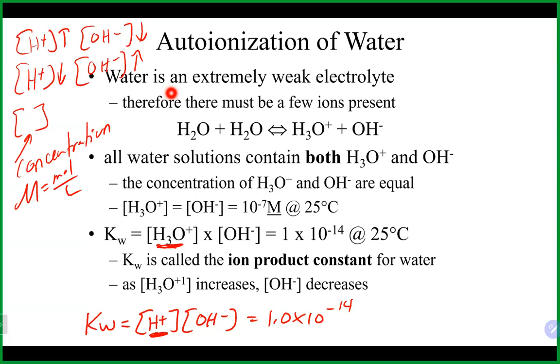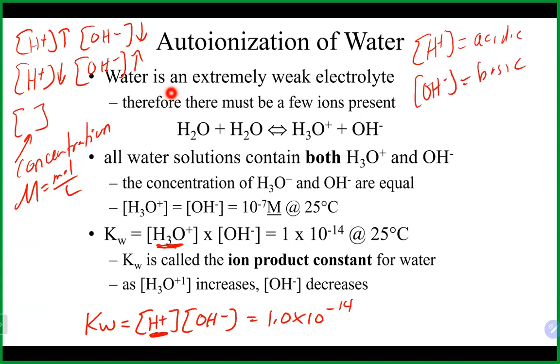So we can use this relationship to help us decide whether a solution will be acidic, basic, or neutral. The H plus concentration, or the H3O plus, represents the acidic part of the solution. The OH minus represents the basic part.